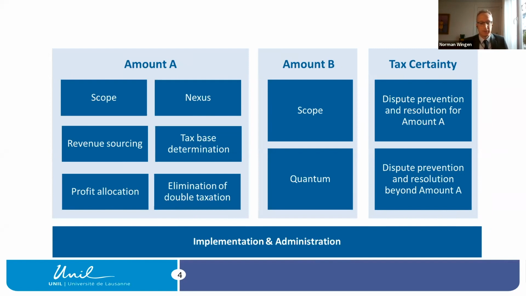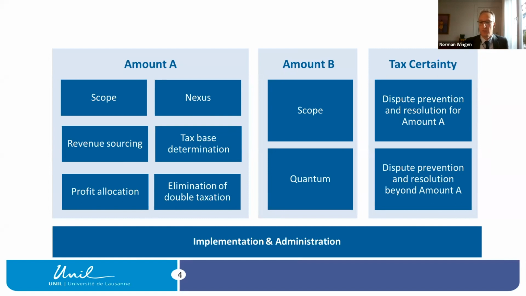The next building block, which has interactions between the current profit allocation system and the new system, is of course the profit allocation. Because again, the profit of the MNE group is already allocated throughout the world on a first layer in the current system. And then there's just the overlay of AmountA.